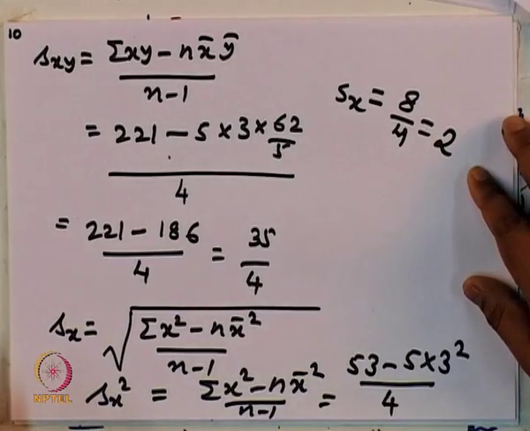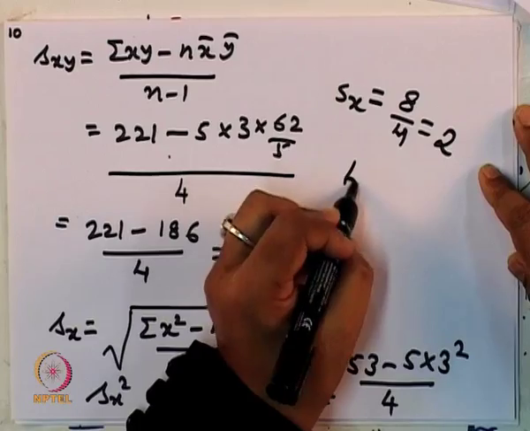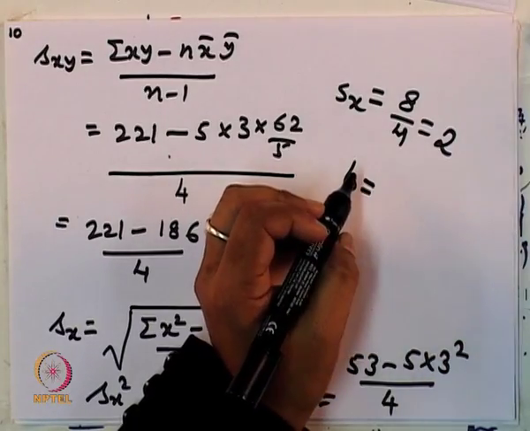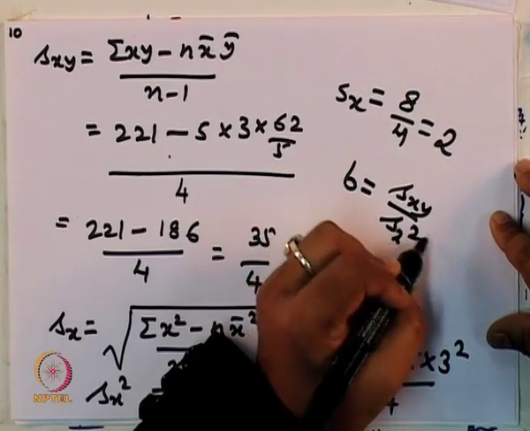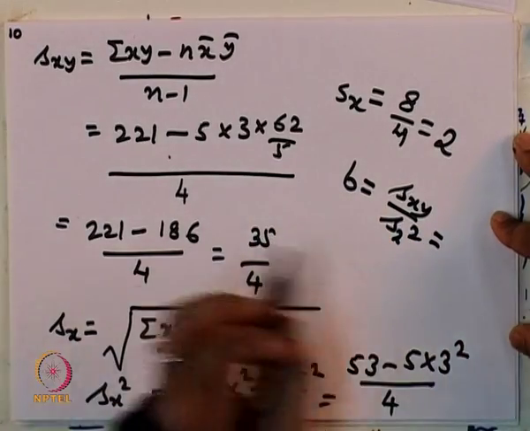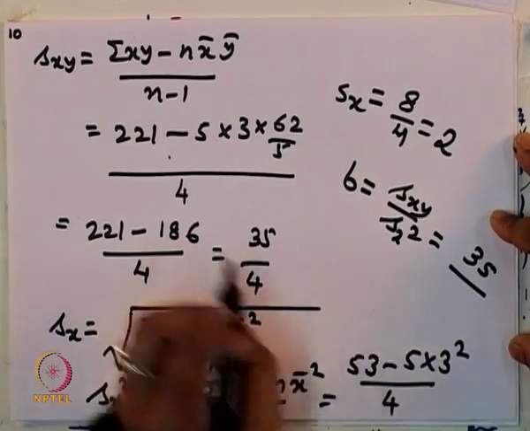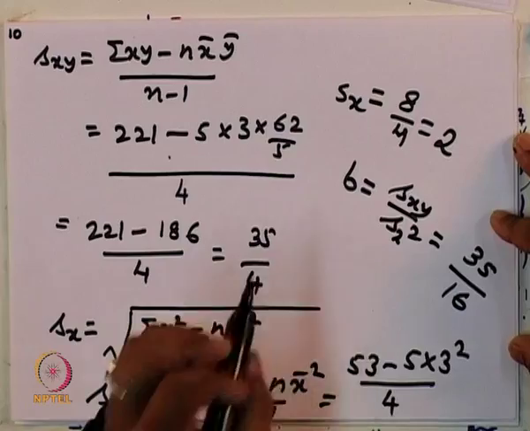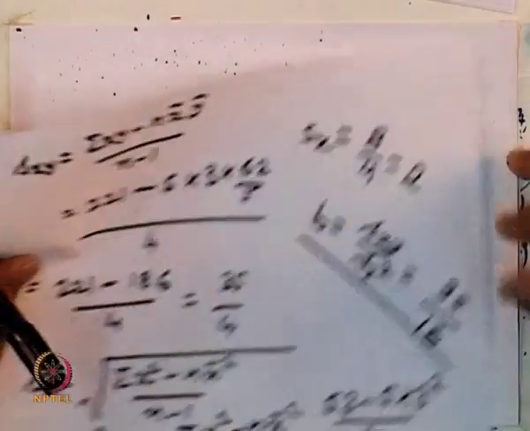So, S x square is equal to 2, S xy is equal to 35 by 4, and my B comes out to be S xy by S x square, which is 35 by 4 into 4, that is 35 by 16.